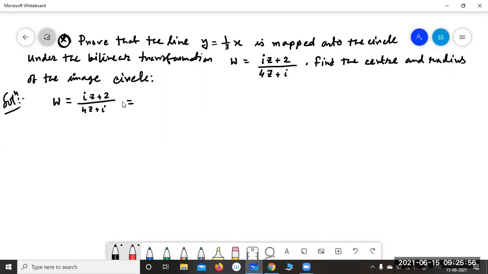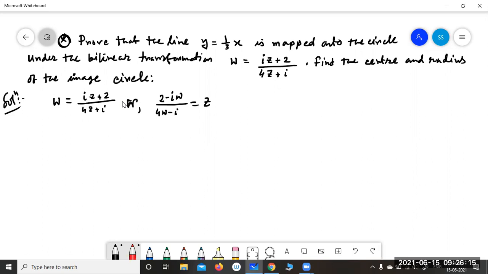It can be written as z = (2 - iw)/(4w - i).